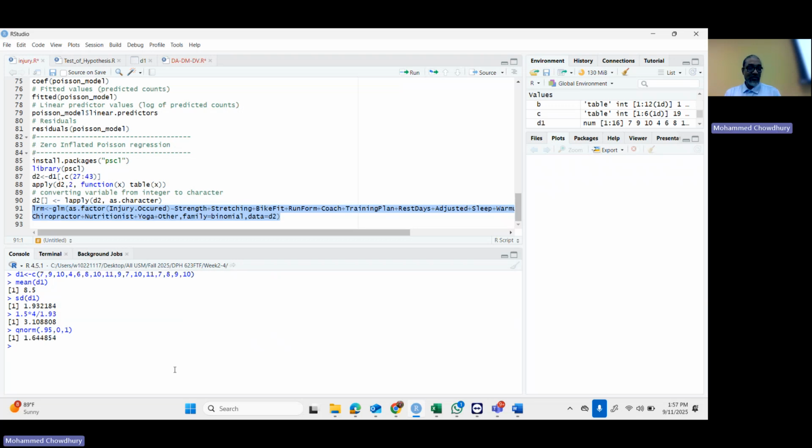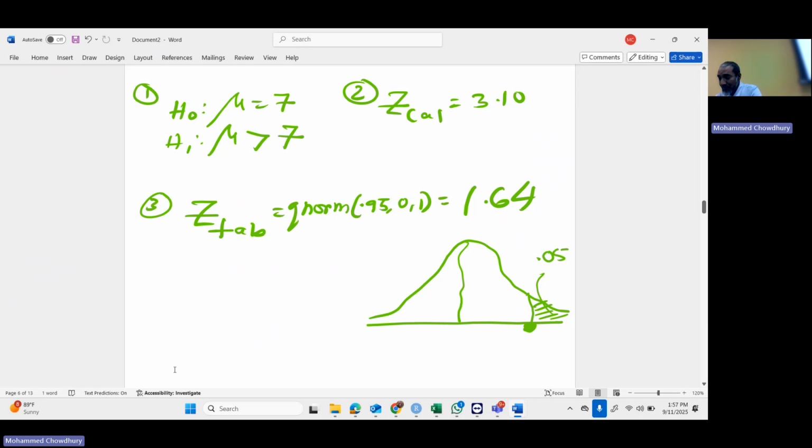Understand? So now I have the tabulated value 1.64. But my calculated value is higher. So reject or fail to reject? My calculated value was what?